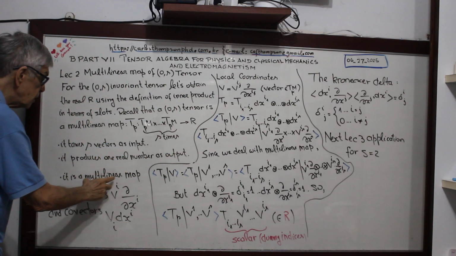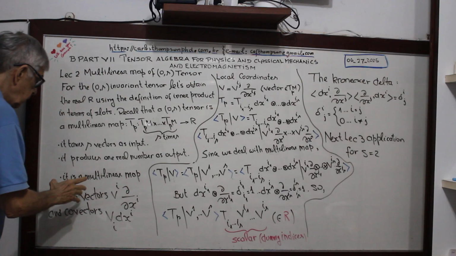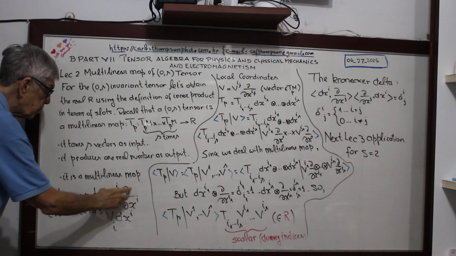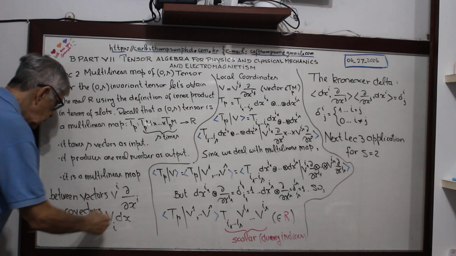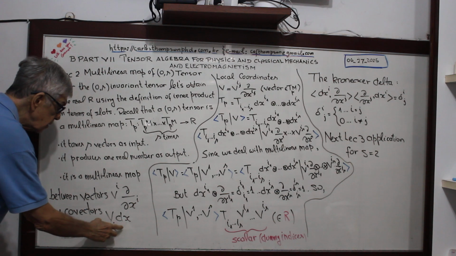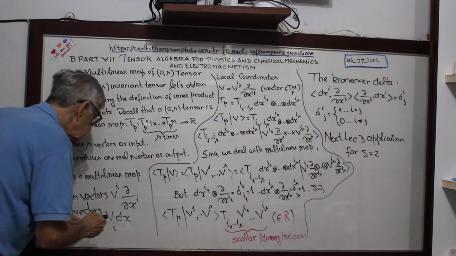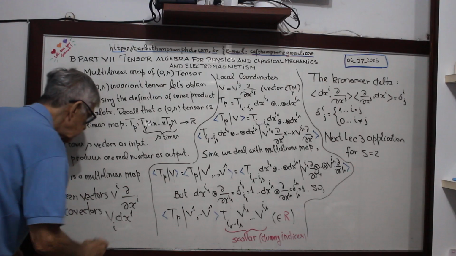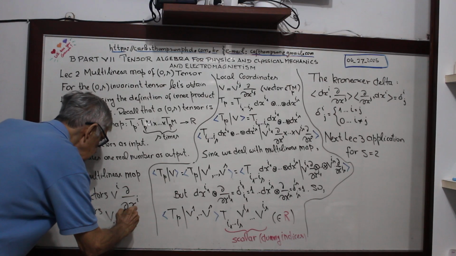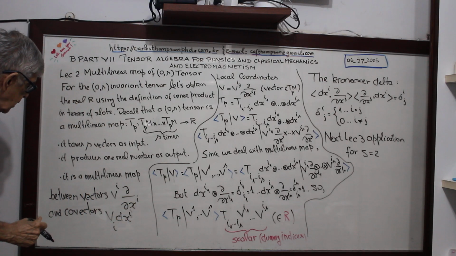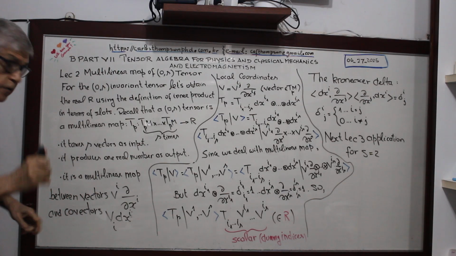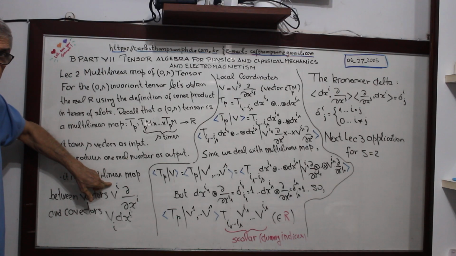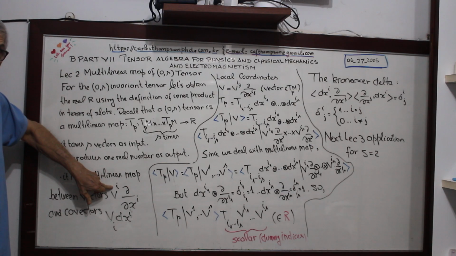It is a multilinear map between vectors v^i partial x_i, and covectors v_i dx^i. Here, i is dummy, just to see the definition of vectors and covectors. And v^i here is a contravariant component which belongs to the tangent vector space.